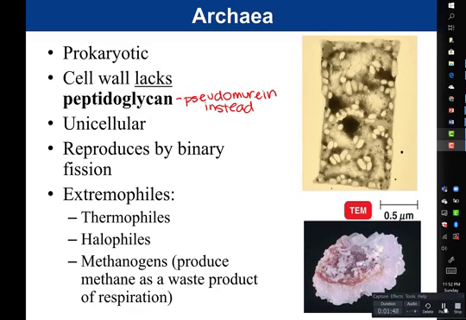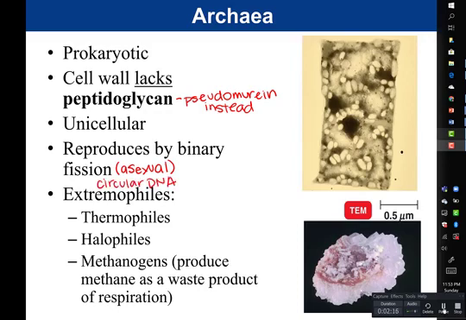It is still protein and sugar mix, but it's not chemically the same as the peptidoglycan. Instead, it's the pseudomurin. Archaea are unicellular. Again, they reproduce by binary fission, which again, remember, is a type of asexual reproduction. They also have circular DNA, just like bacteria do.